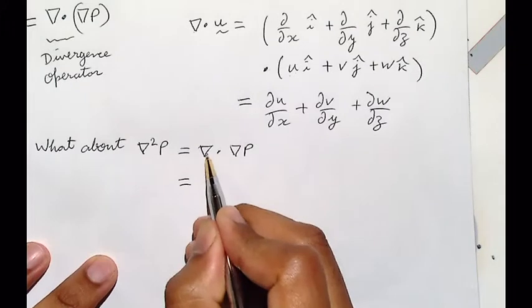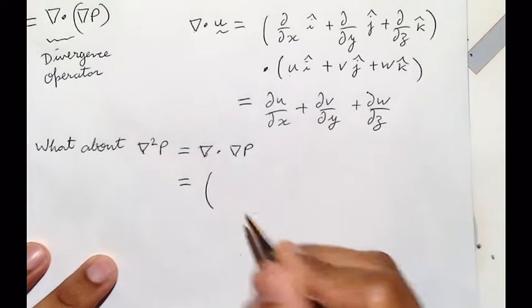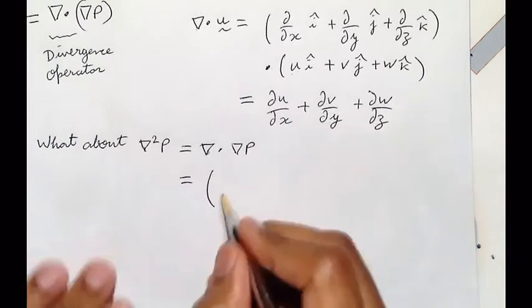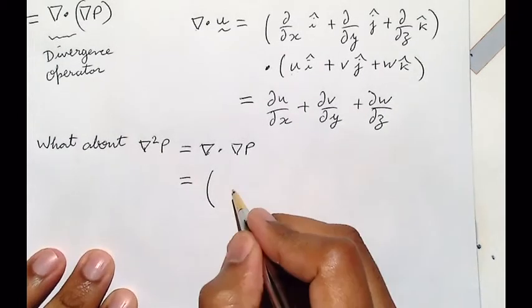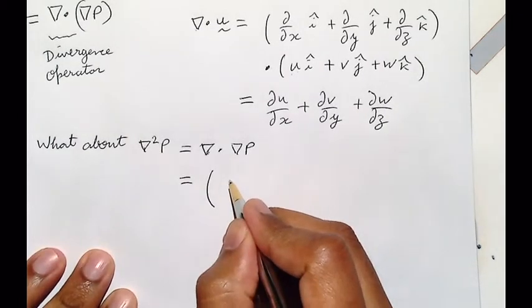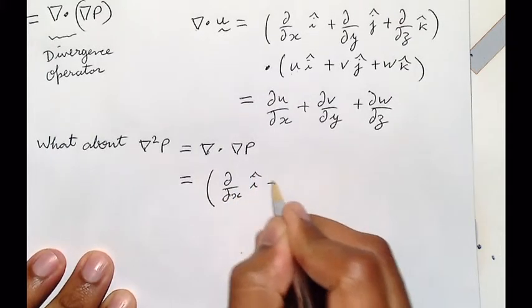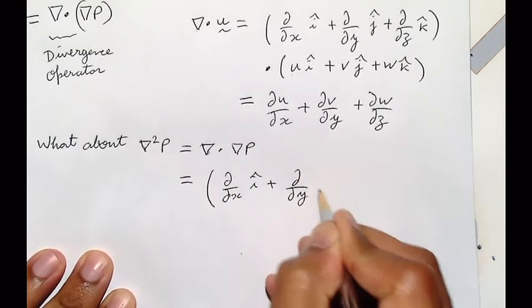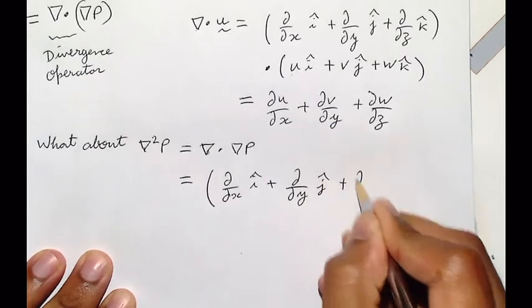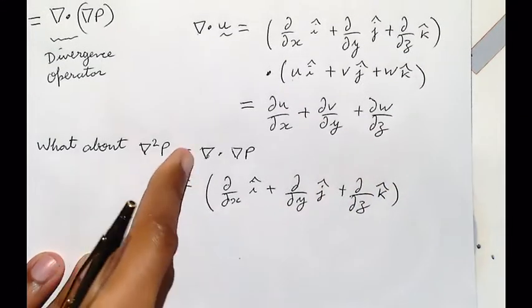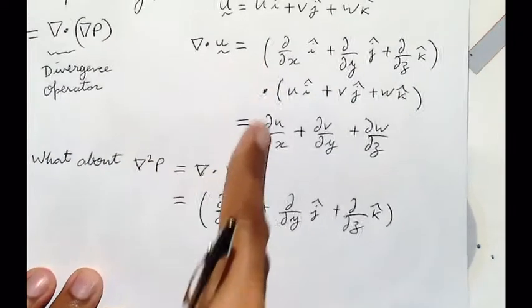So first, let's expand the first nabla, which is del over del x i plus del over del y j plus del over del z k.